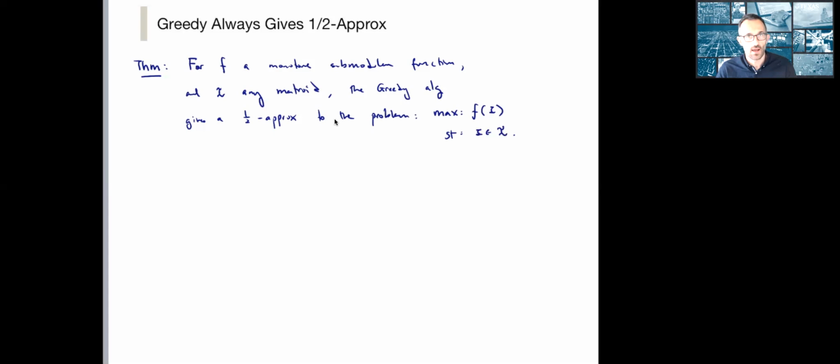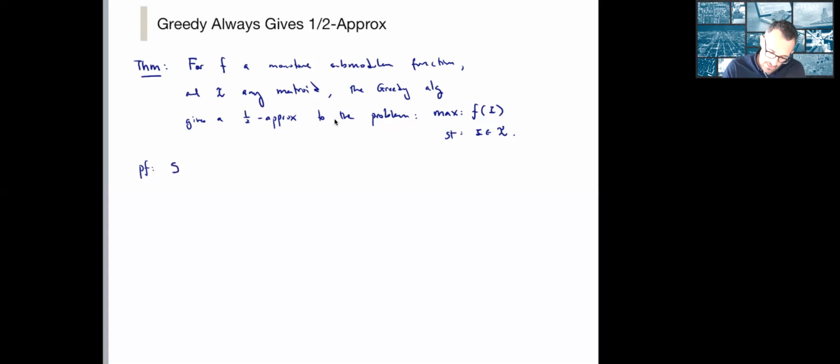Now let's see how this follows. So we're going to use some of the same ideas we used in the proof of the greedy algorithm for the uniform Matroid. And in terms of notation, we're going to try to follow the same ideas that we gave in that lecture.